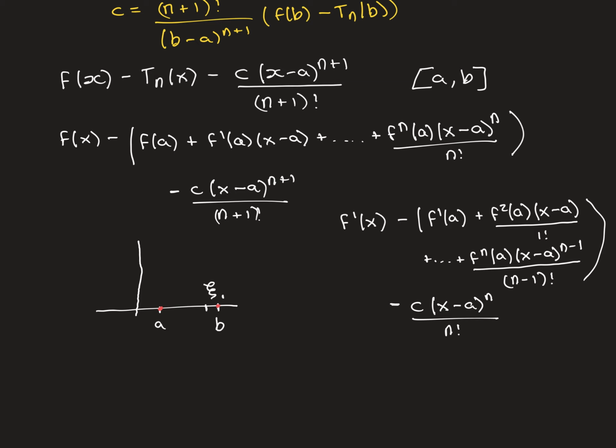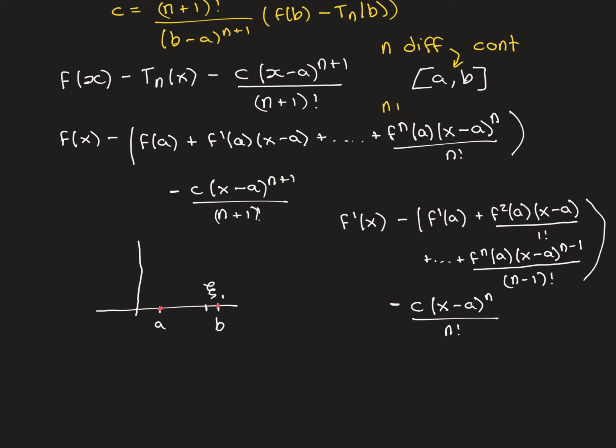Just to help us keep track of this, I'm going to write down up here all of the things we know about our function. We know that it is going to be n times differentiable, so I'll abbreviate this to n differentiable, on this interval, and those derivatives are all going to be continuous over that closed interval.